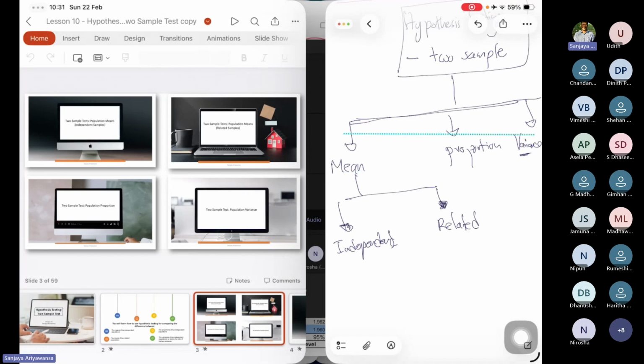Because let's say the same set of people are given an intervention like a training, and we look at the same people before and after the training. We want to check whether there is a difference made by the training in output, with the same set of people. So that is a related sample. Then you have population proportion and population variance.